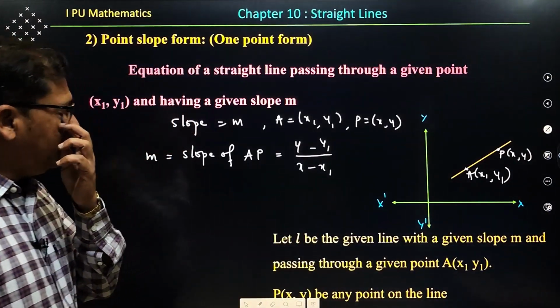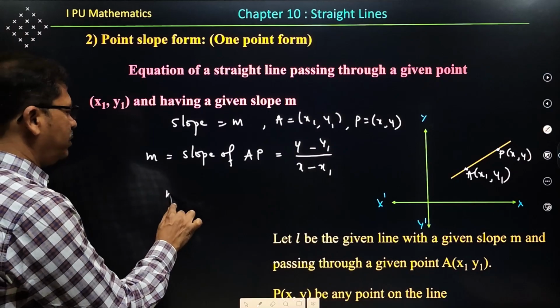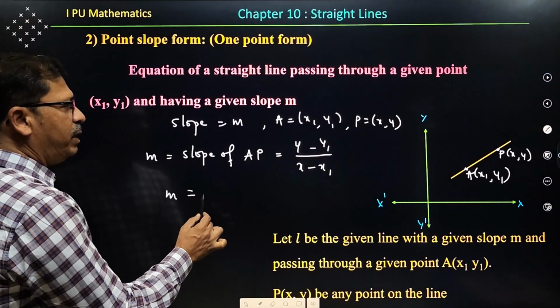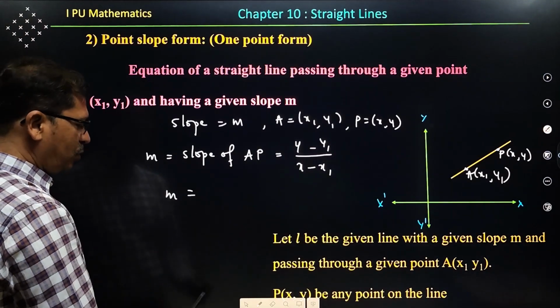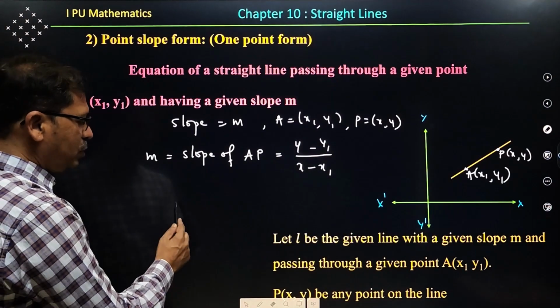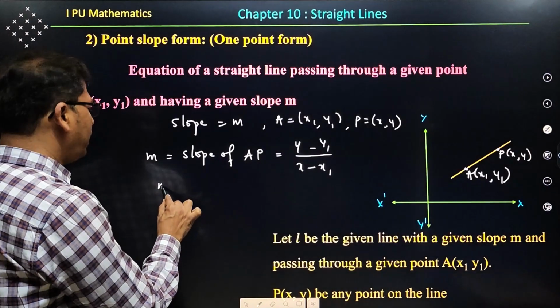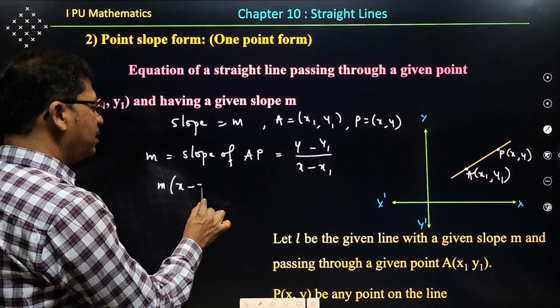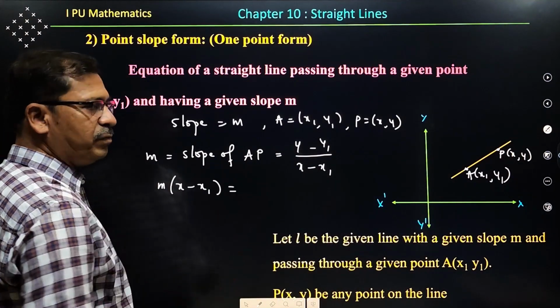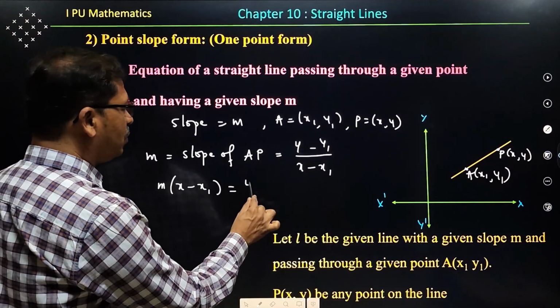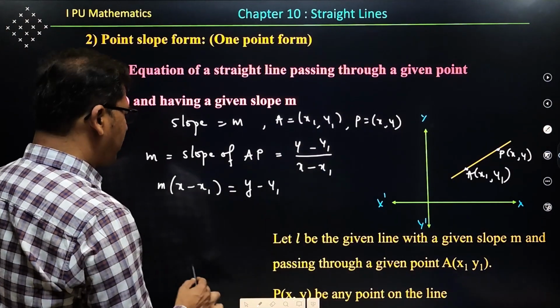So the slope of AP, m is equal to y minus y1 divided by x minus x1. So cross multiply. What you are getting, please concentrate here. m into bracket x minus x1 is equal to y minus y1.